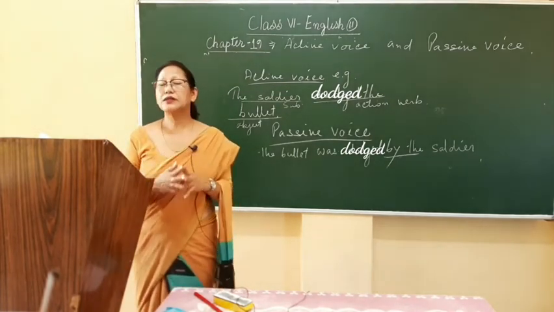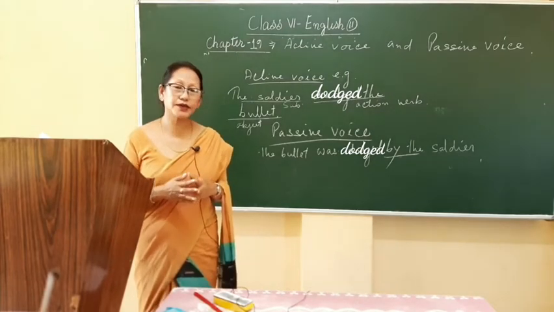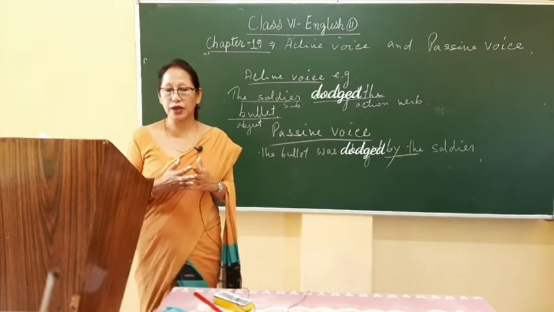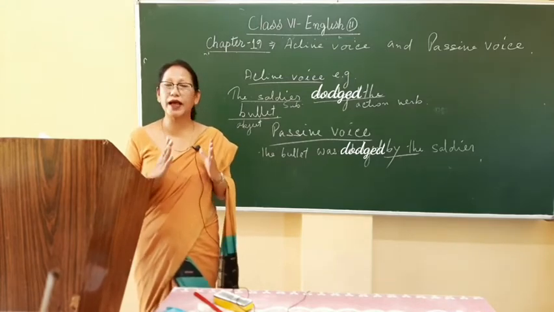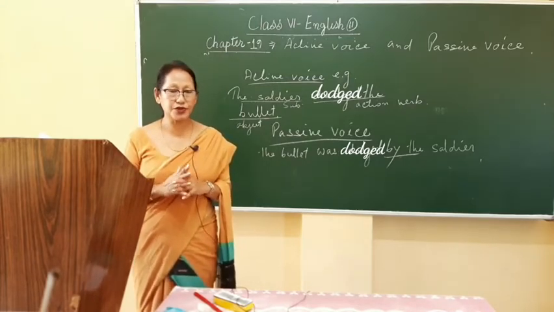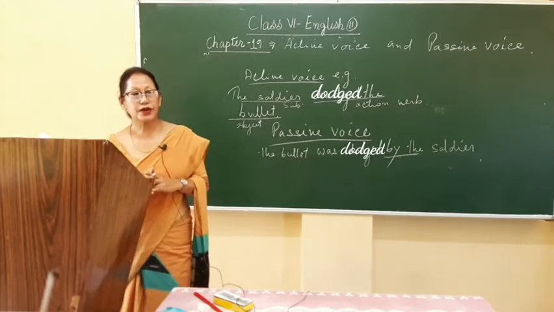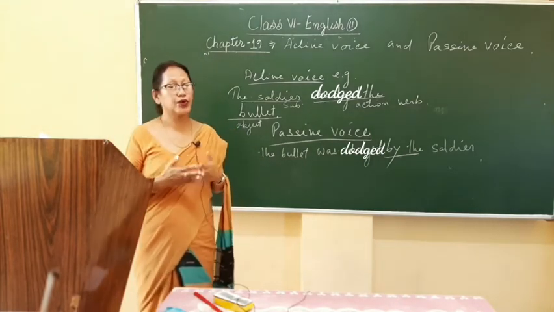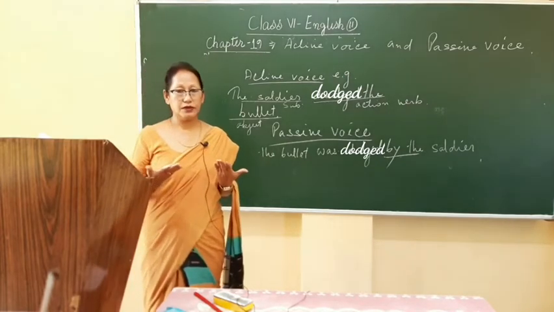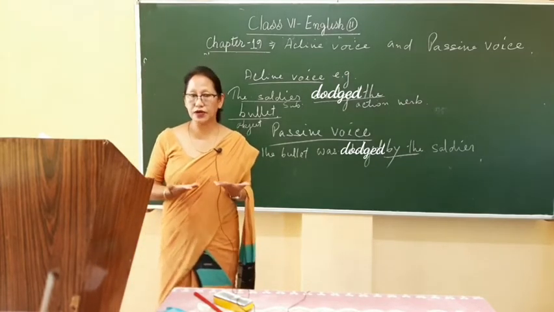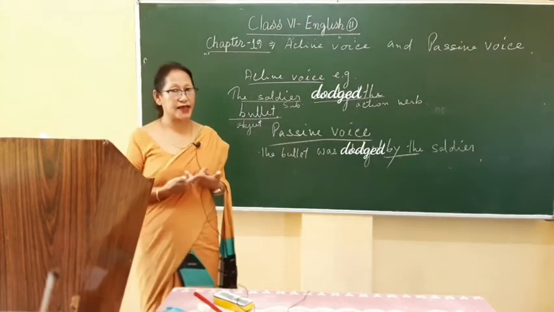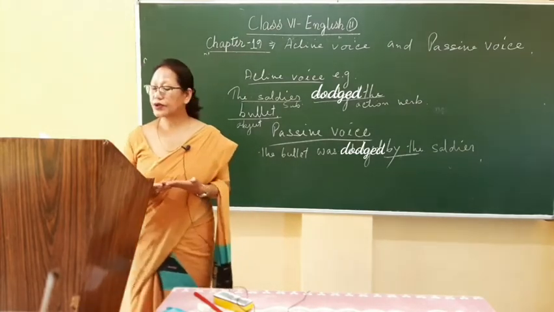Subject means the person or thing that we are talking about, or who is doing the action. And obviously the action is a verb. We have several kinds of verbs like jumps, rides, drinks, sings, etc.